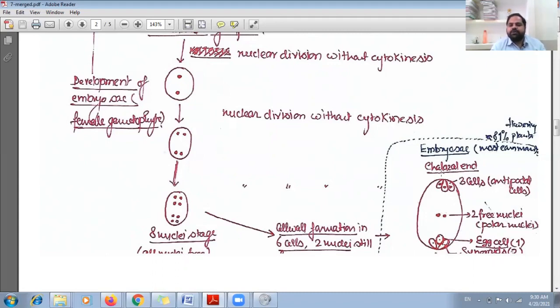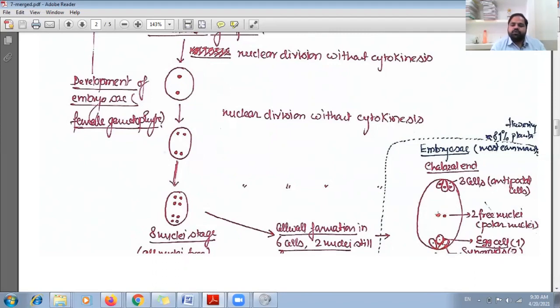The three cells with a boundary towards the chalazal end will be called antipodal cells. Of the three cells towards the micropylar end, one cell will be called the egg cell, and the neighboring two cells will be called synergids.